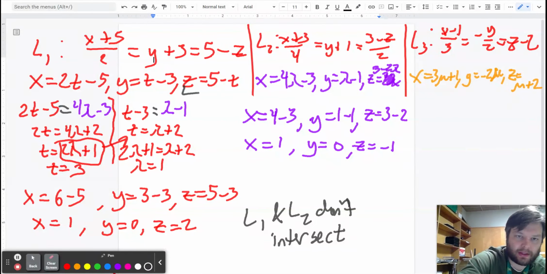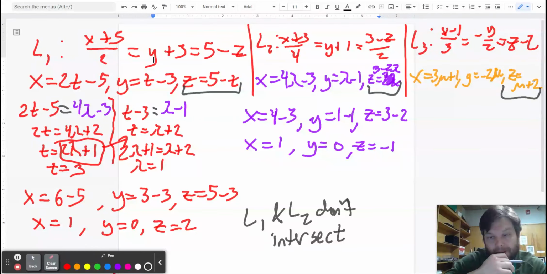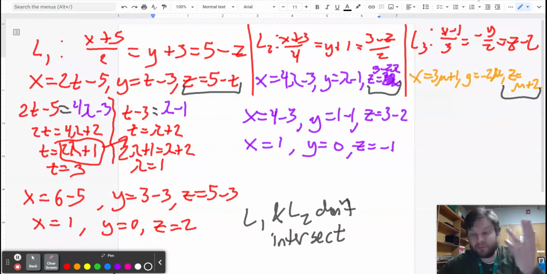Let's just say we had set this z value equal to this z value to get started, or if we had set it equal to this z value, we would have run into a problem somewhere. We just ran into it a little earlier than I expected when I started making the video. But such is life. Sometimes you get lucky. So, not concurrent. Let me know if you got questions.